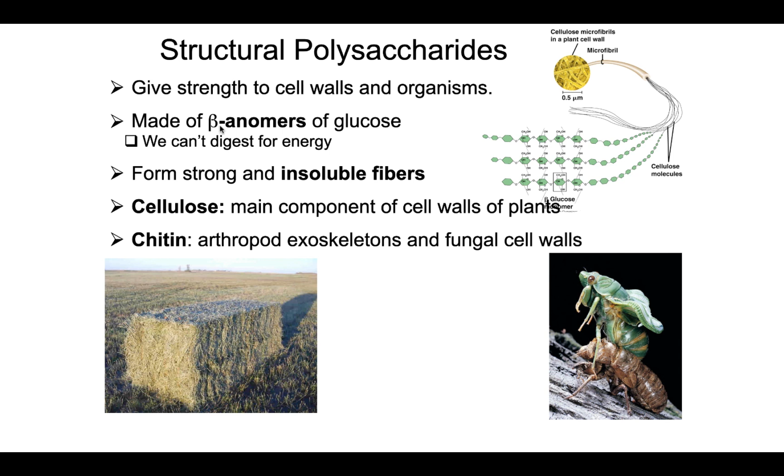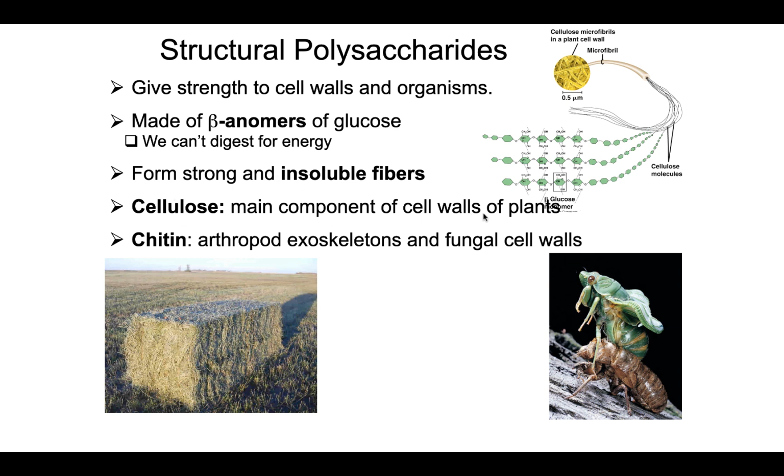And because of this slightly different structure, the different chains of polysaccharides have the ability to form hydrogen bonding with each other very tightly. So they form these fibrils. And that means that they're insoluble in water, right? If you take starch and you slap it into water, it's going to dissolve. If you take cellulose and you put it into water, you're not going to get it to dissolve.